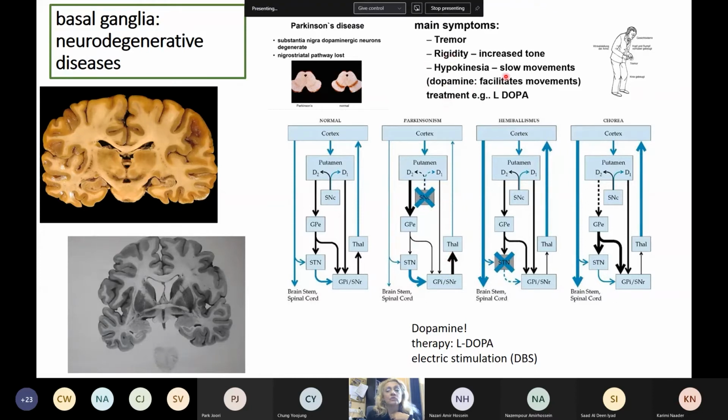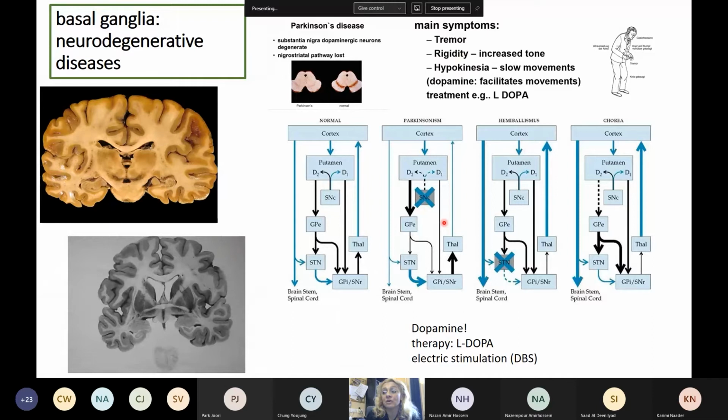So there will be hypokinesia, which is one of the most leading symptoms of Parkinson's disease. Patients are very slow. They can't start a movement, or they can start it really hard, or end the movement, or change a movement. They walk very slowly with very small steps. So this hypokinesia is the most important sign, and it is associated with increased muscle tone, and patients have tremor as well.